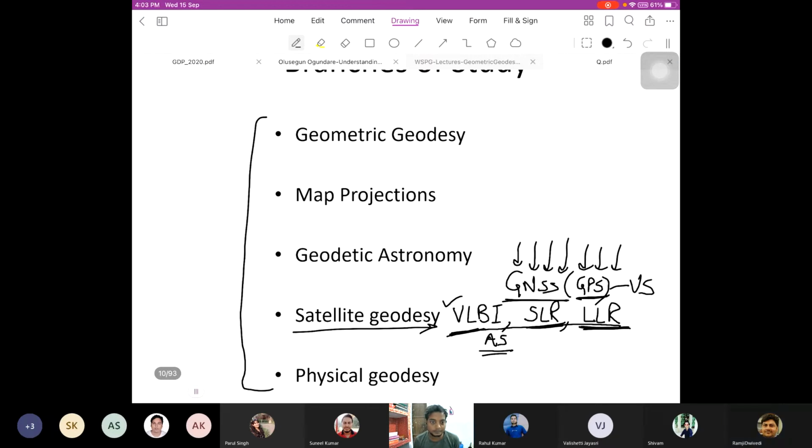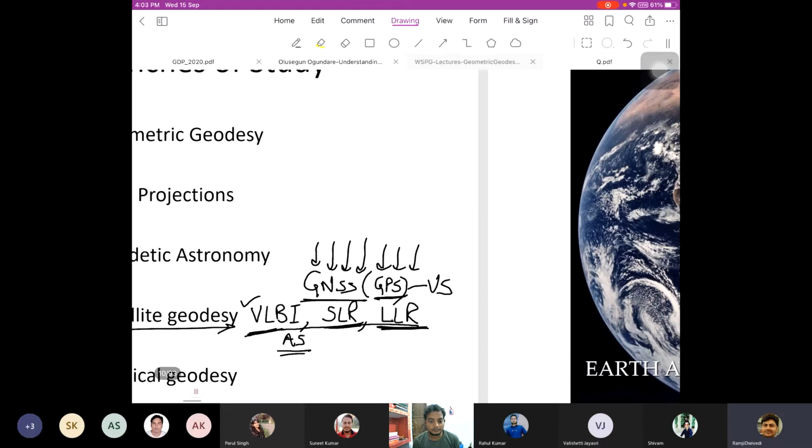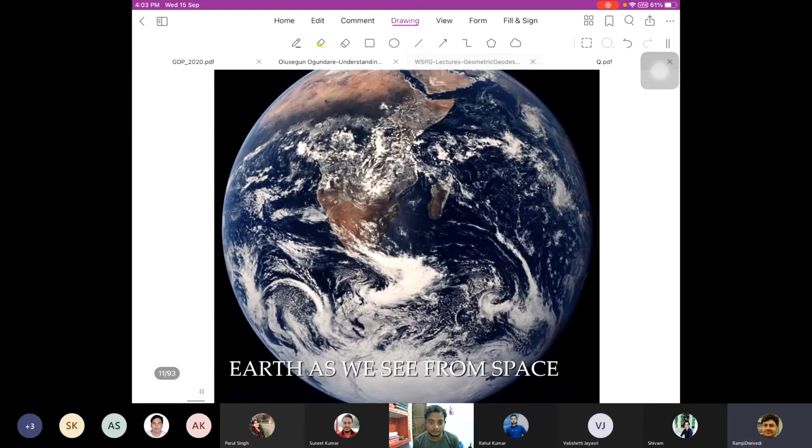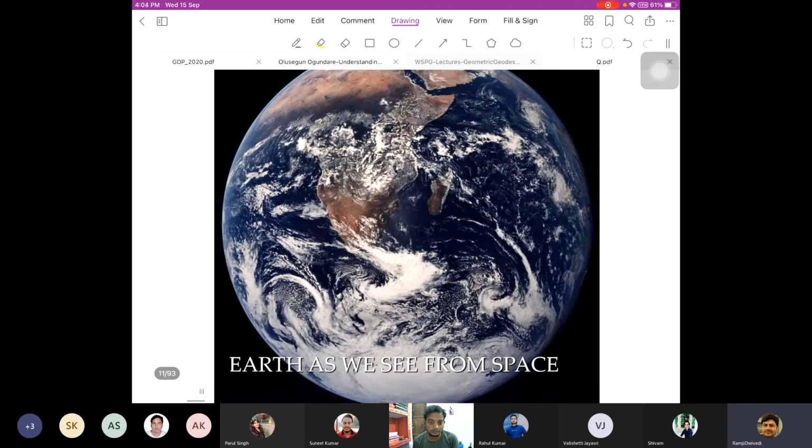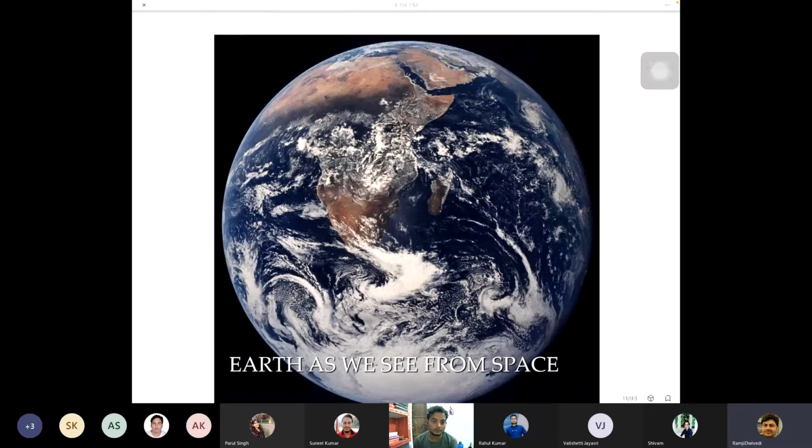And the geometric geodesy is all about discussing the coordinate systems. This is your so-called planet Earth as we see from space, maybe from 400 kilometers from the International Space Station.